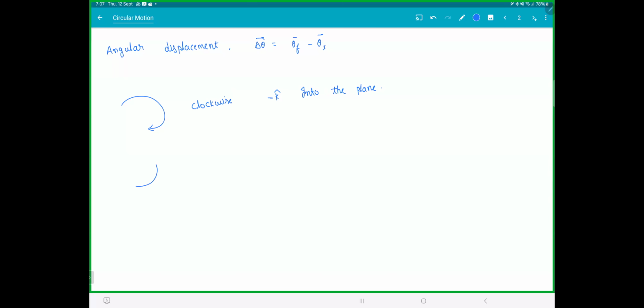Suppose you're rotating this way, anti-clockwise. The direction is plus k cap, which we take out of the plane. So the direction is given by your right-hand thumb rule.